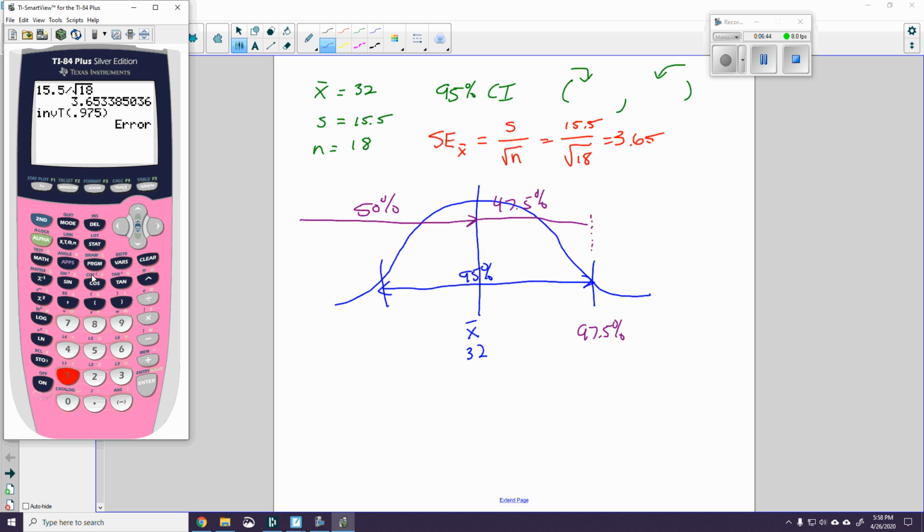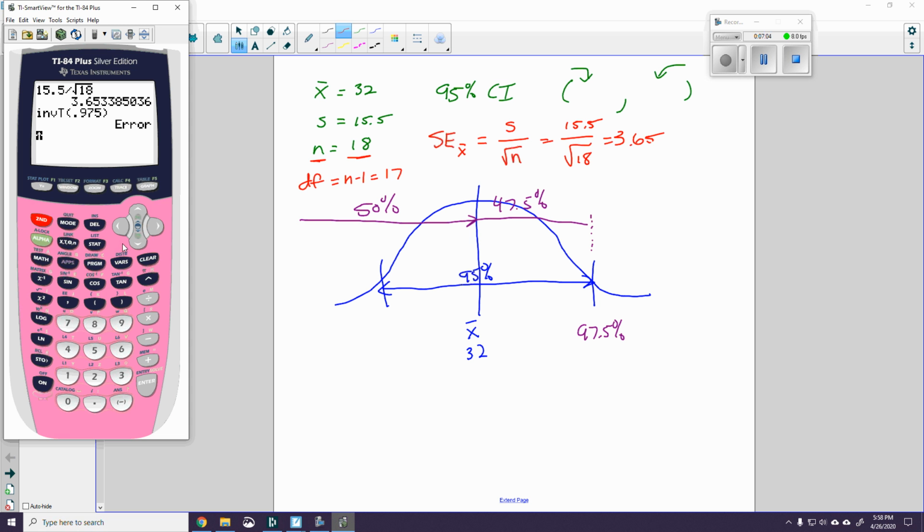And that's because you have to remember that the t distribution is sensitive to the size of the sample. We have this thing called degrees of freedom, df, and that is equal to n minus 1, which in this case would be 17.